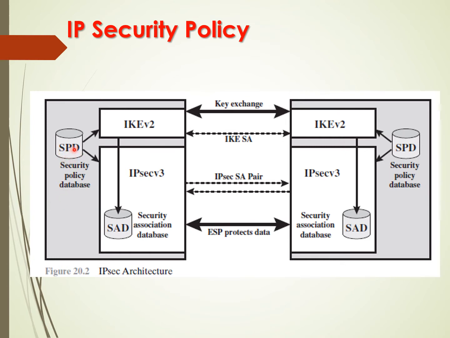SPD, the Security Policy Database, stores data or parameters related to the security policy, and the Security Association Database stores data or parameters related to the security association. One more component is IKE version 2, Internet Key Exchange version 2. We'll see what the role of IKE version 2 is.